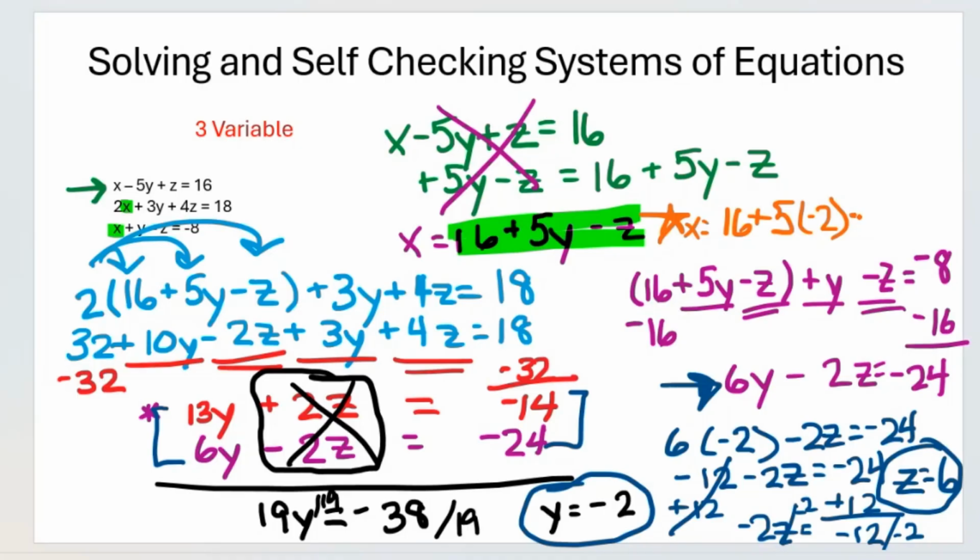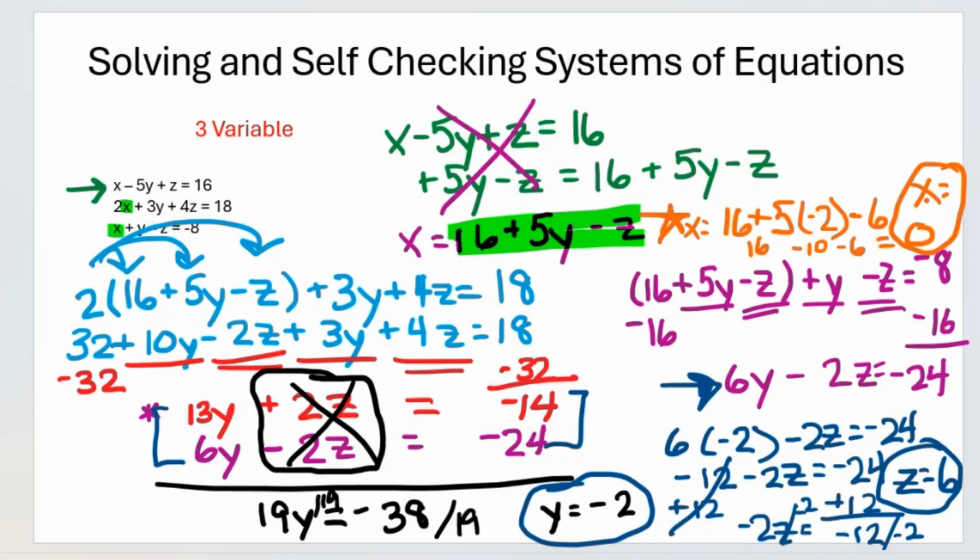And minus z, that's 6. And we could put that straight into a calculator. 5 times negative 2 is negative 10. 16 minus 10 is 6. 6 minus 6 is 0. So x equals 0 here.